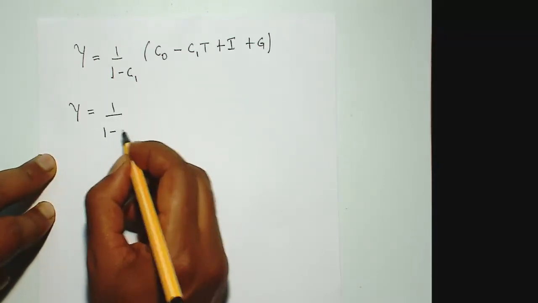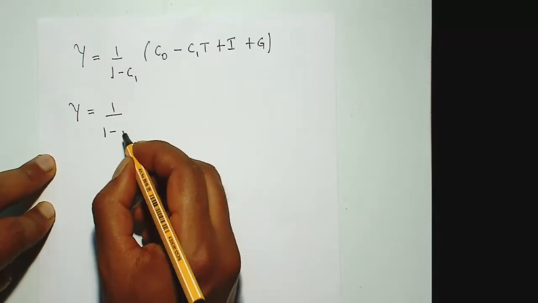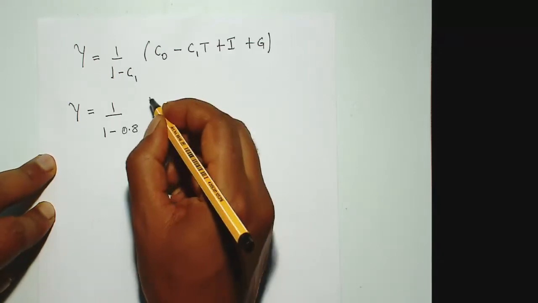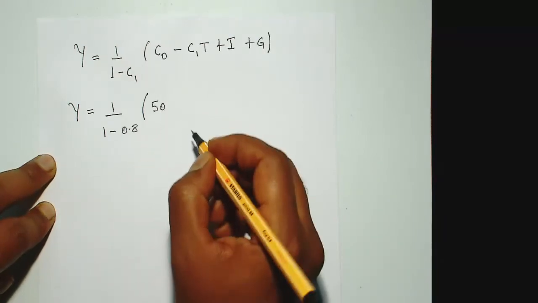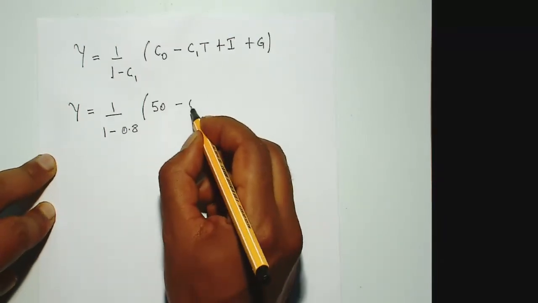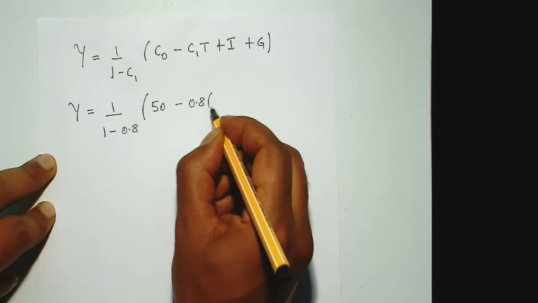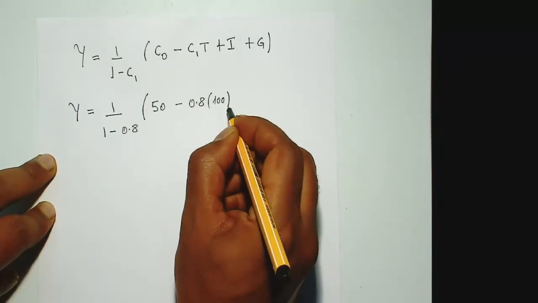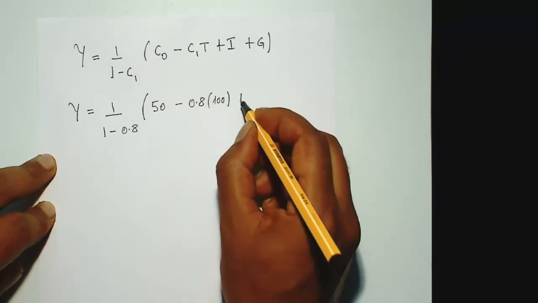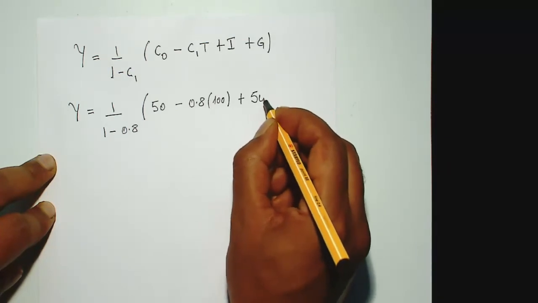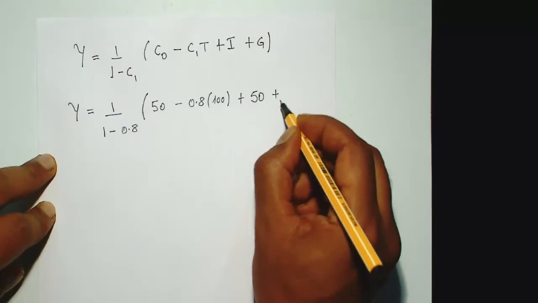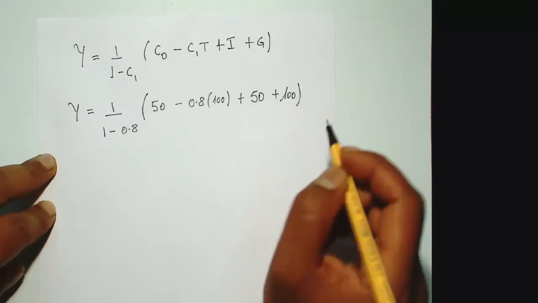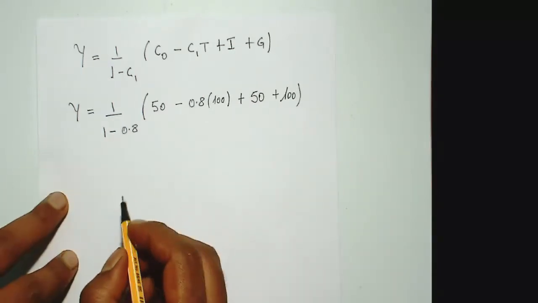So we would have 1 over 1 minus C1, which is given as 0.8. C0 is given as 50 from our table. C1 is again 0.8 multiplied by tax 100, plus investment, which is considered to be 50, and government expenditure is 100.